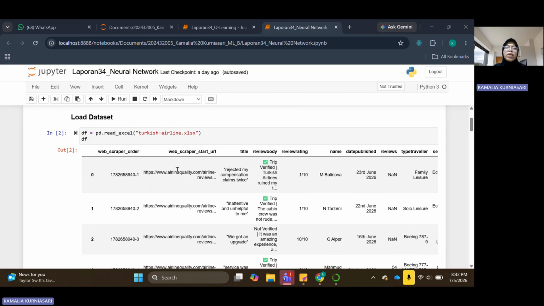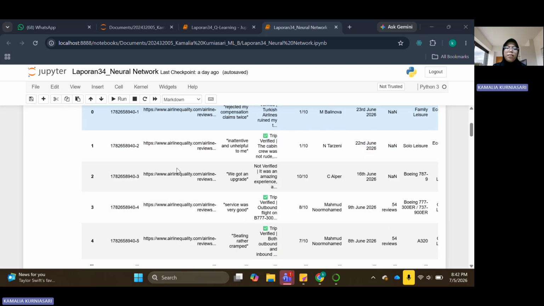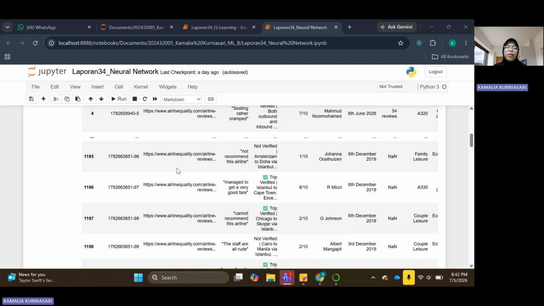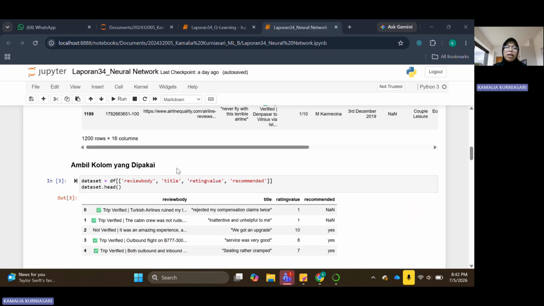After that, I loaded the Turkish Airlines Review dataset into Jupyter Notebook. After loading the dataset, I examined the structure of the data to understand the available features and determine which columns were relevant to the classification task.